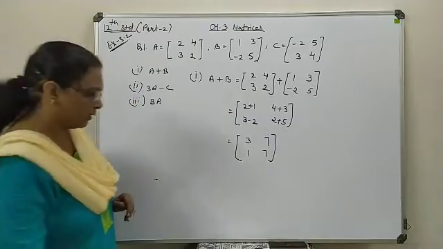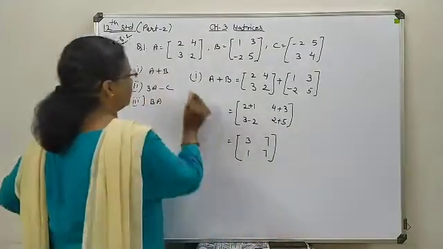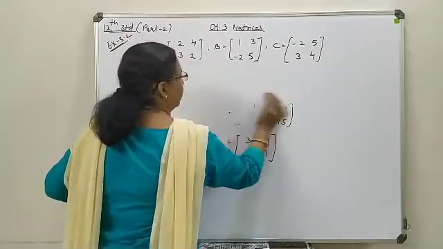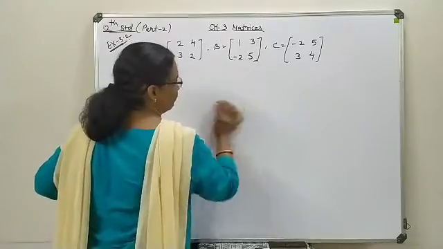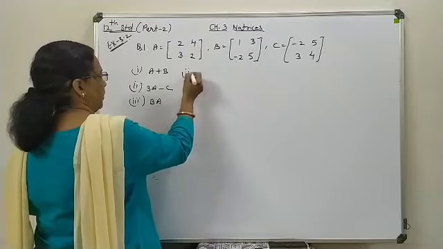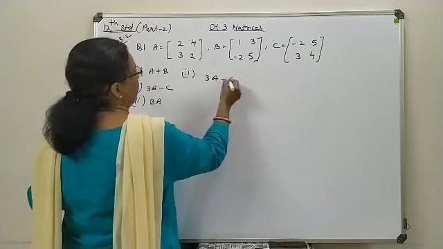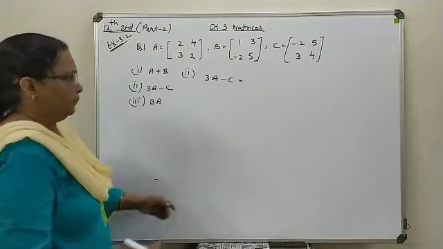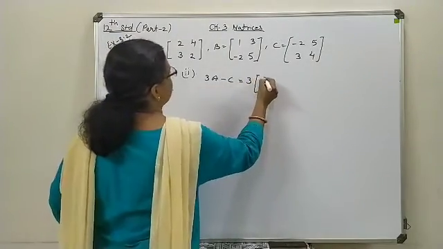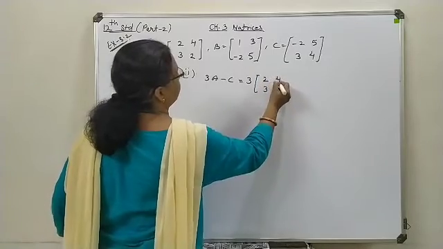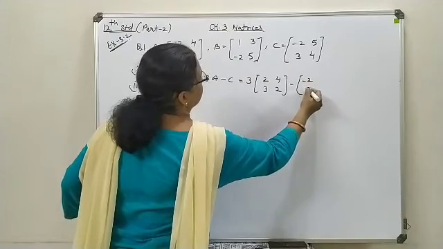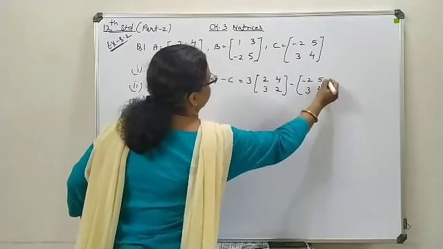So just look at the second form here, in which some more change is required before adding two matrices. So first of all, we pick up this question as 3A minus C. Placement of the respective matrices: 3 times A, meaning 2, 3, 4, 2, minus C. C is this much.